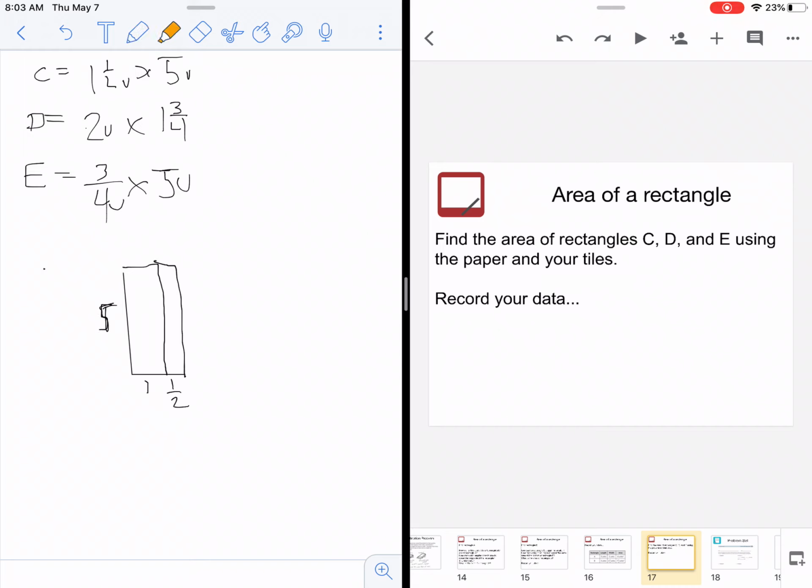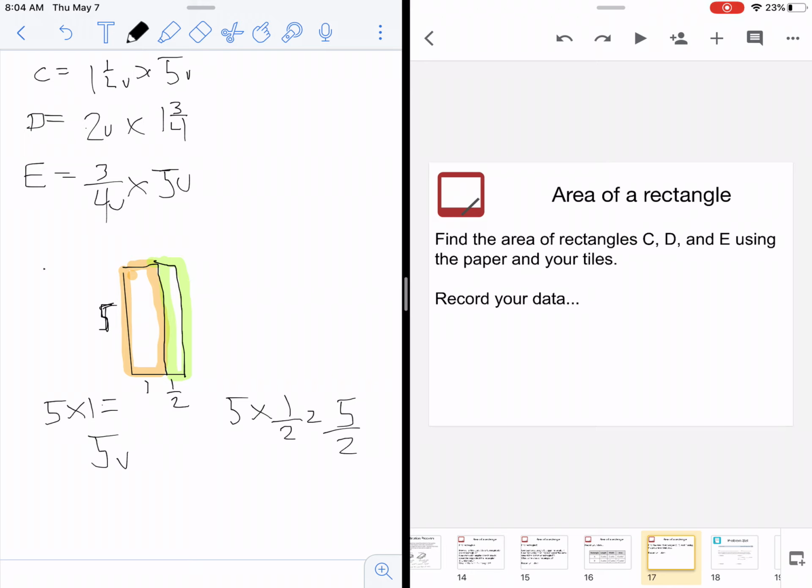So I'm going to find the area of this part first. 5 times 1 is 5 units, and then we're going to do plus 5 times 1/2, which equals 5 halves.